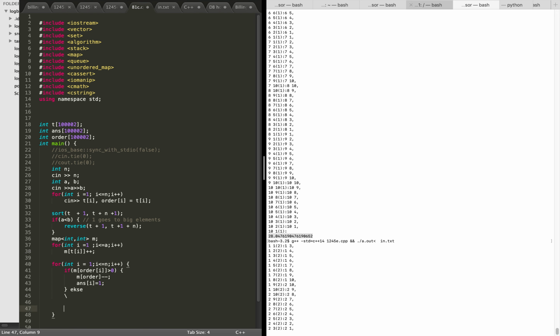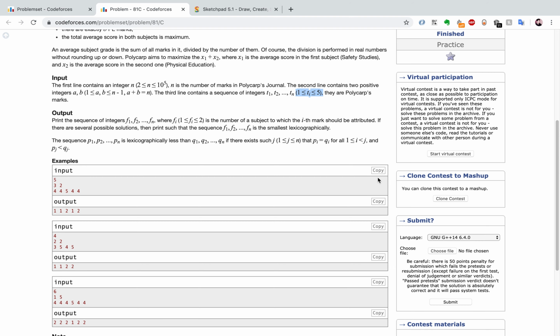Else we can't, so set 2. Then I think we can just output here. There is no need to create a loop or so. Let's try to submit it.